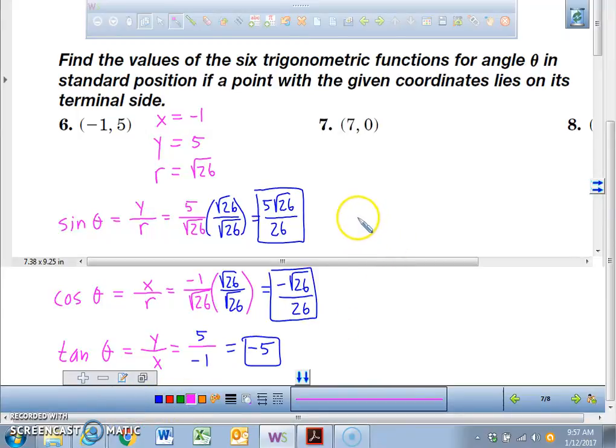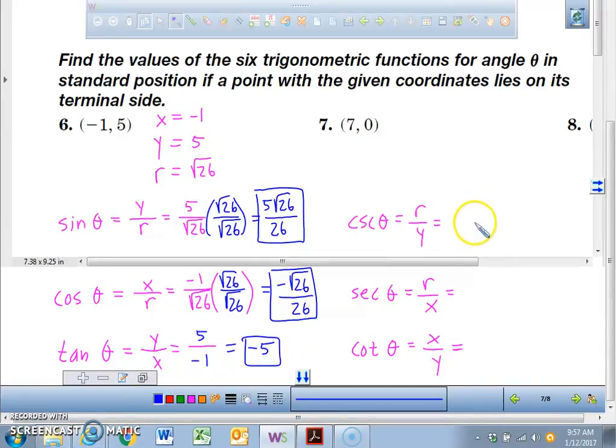All right, so here we go. Now we have cosecant of theta, secant of theta, and the cotangent of theta. R over y, r over x, x over y. All right. So Adam, I want you to do the r value over the y value. What is the r value over the y value?